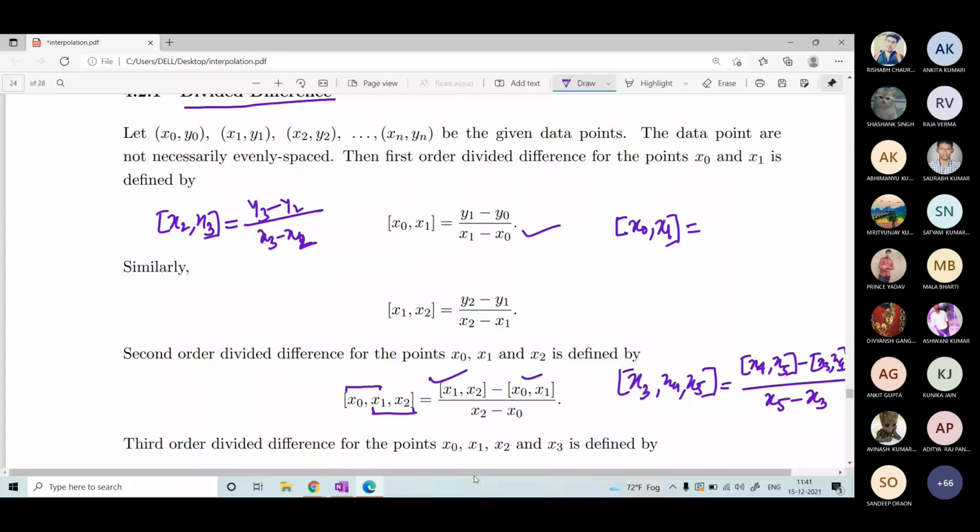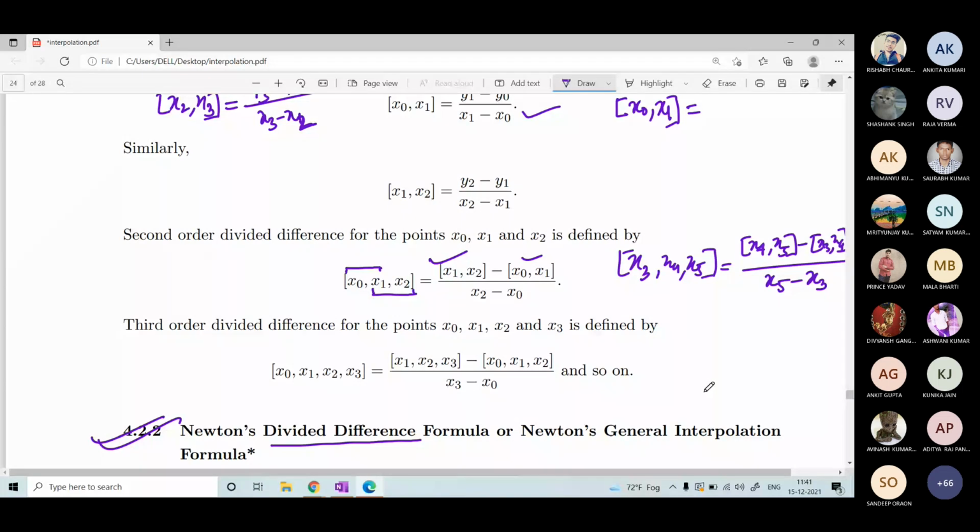Similarly, for higher order divided differences, for example the third order divided difference, 4 points are there: x0, x1, x2, x3. It will be defined as the divided difference of the last 3 data minus the divided difference of the first 3 data, by the length of the interval x3 minus x0, and so on.